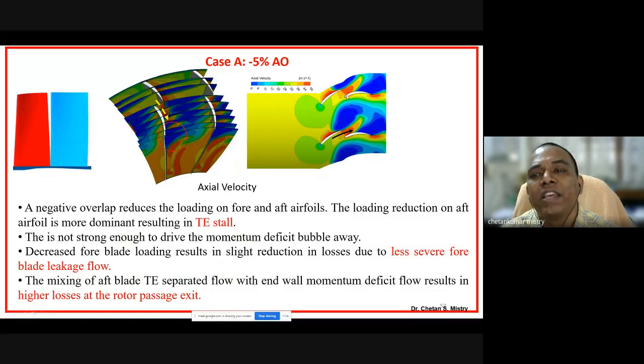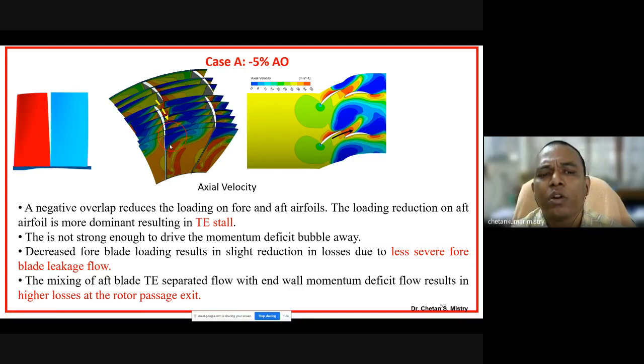Here in this region we are moving by -5%, so I have more chances of my flow separating from this rear blade. From my front blade also I have flow separation. All together, this gives large flow separation.